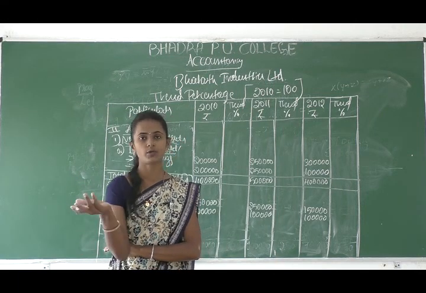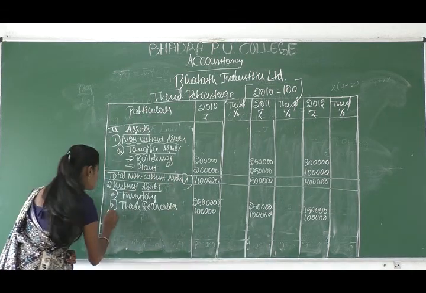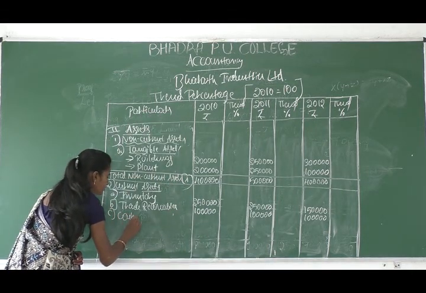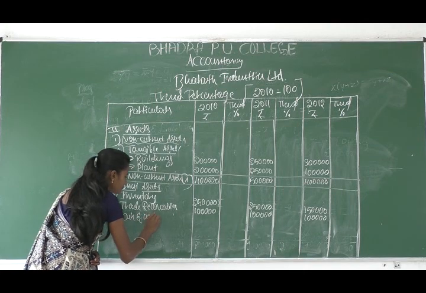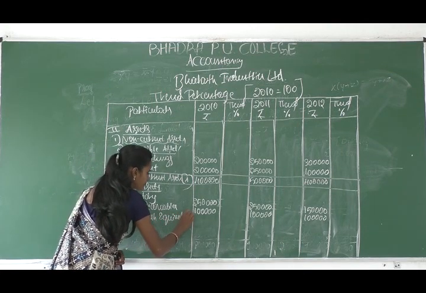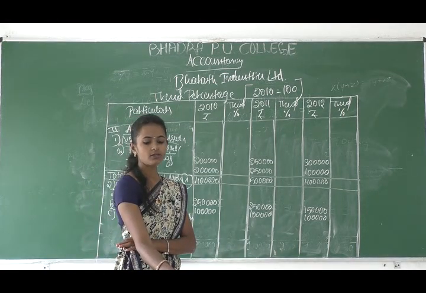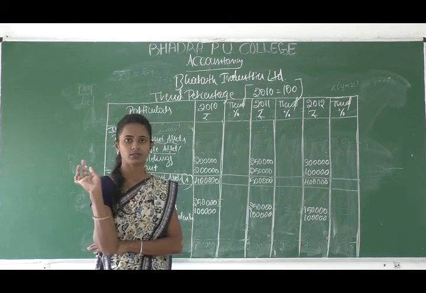Again come to your question, yes we have cash and cash equivalents, so I am taking here C, cash and cash equivalents, okay. So this item is also having 50,000 in all 3 years, okay.